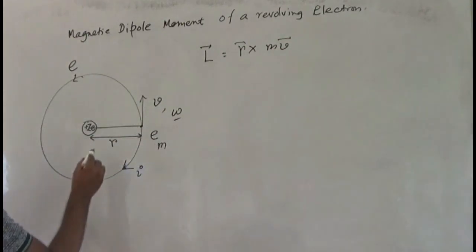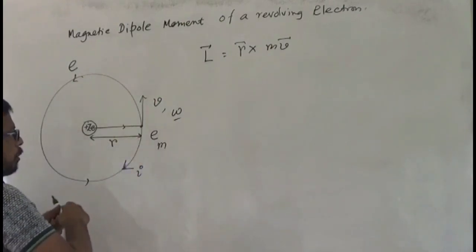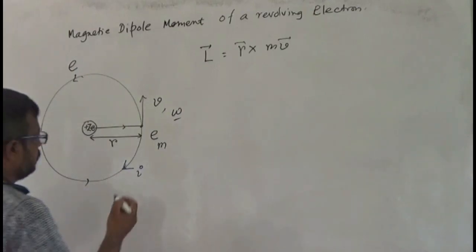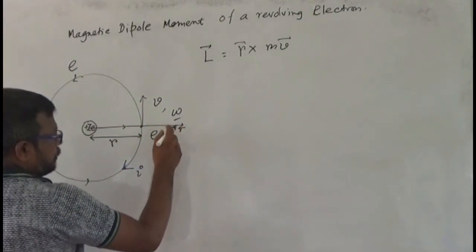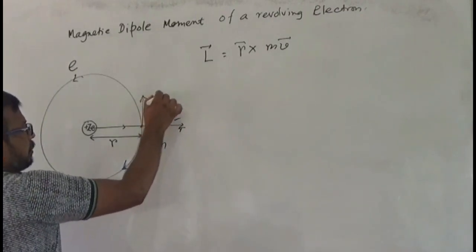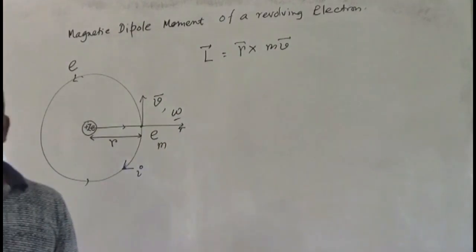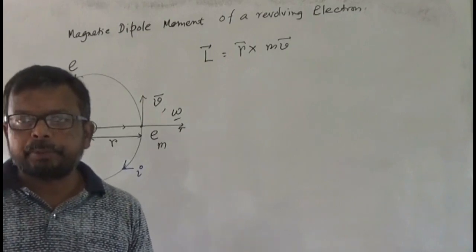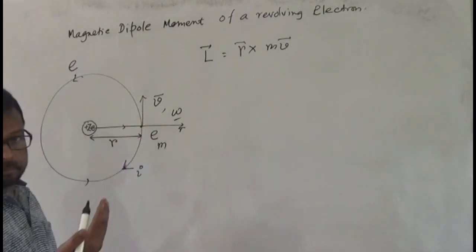And see here, this is the direction of r, and this is v, which means p. Therefore, r cross p. What is the direction of r cross p? It is normal to the plane of the orbit, in the upward direction or out of the board.